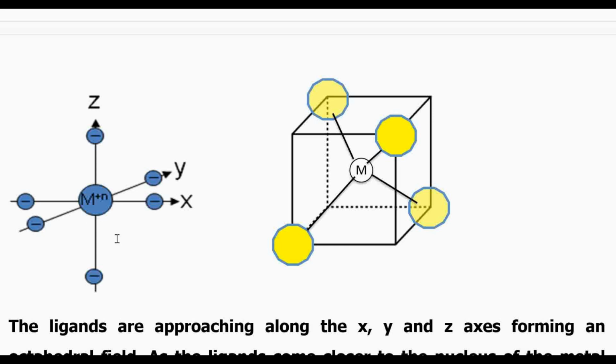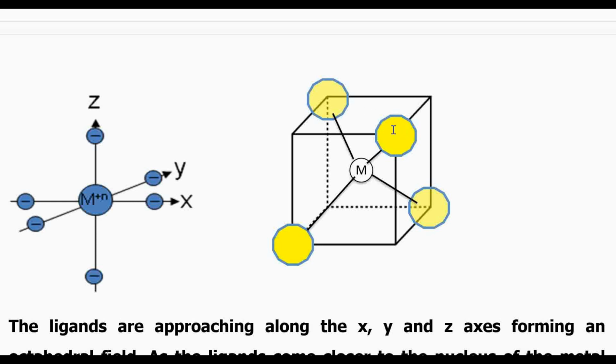Now instead of 6 monodentate ligands, if there are 4 monodentate ligands and they approach the metal ion through the diagonals of the opposite faces of a cube, then what happens? And the field is called a tetrahedral field.